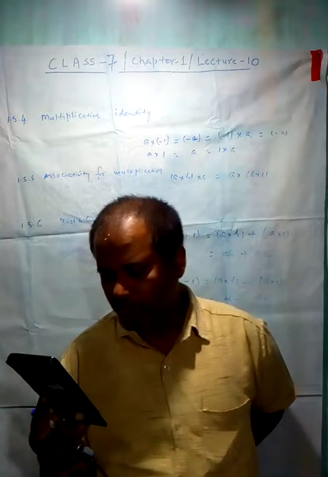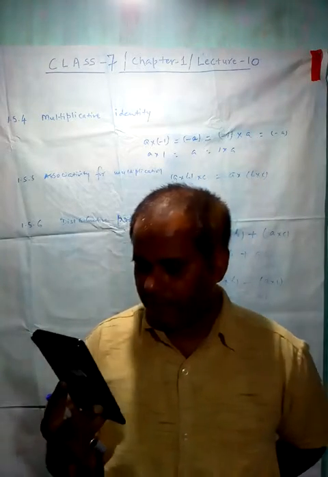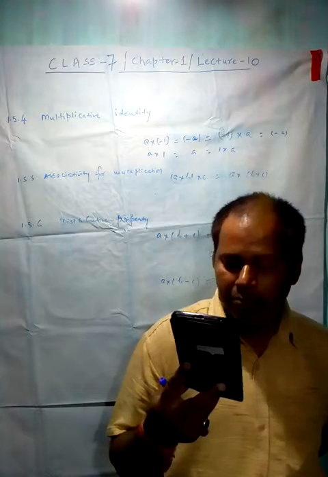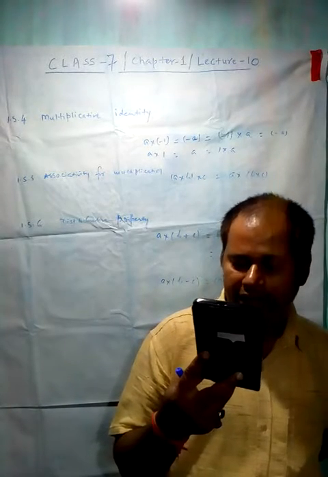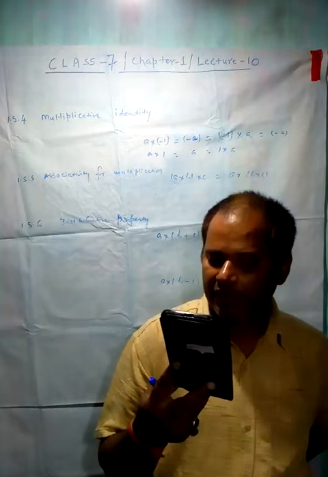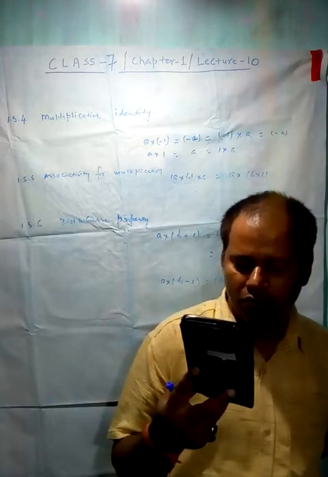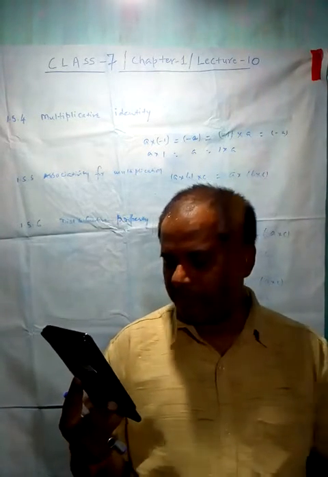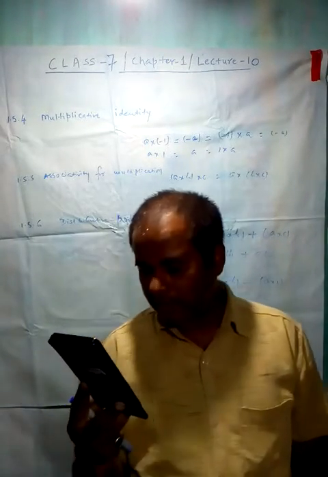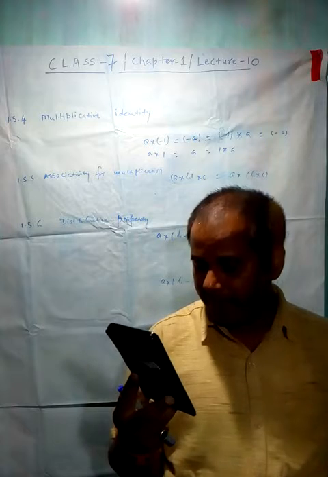Minus 2 into 3 plus 5 is equal to minus 2 into 8, which is minus 16, and minus 2 into 3 plus minus 2 into 5 is equal to minus 6 plus minus 10, which is minus 16. So minus 2 into 3 plus 5 is equal to minus 2 into 3 plus minus 2 into 5.